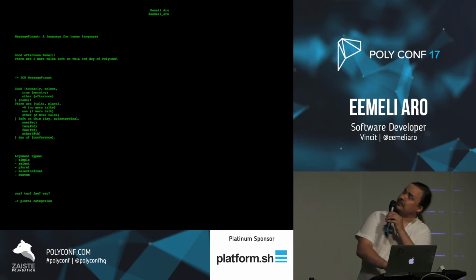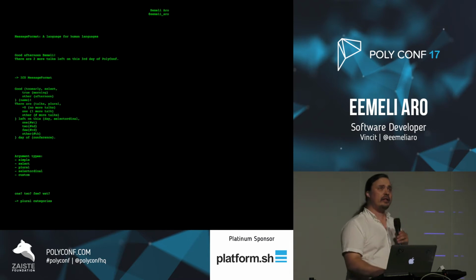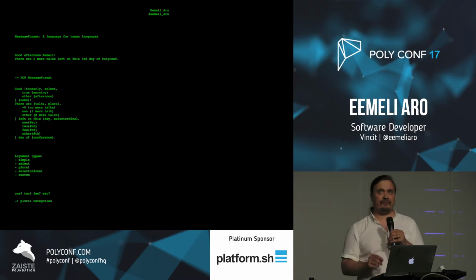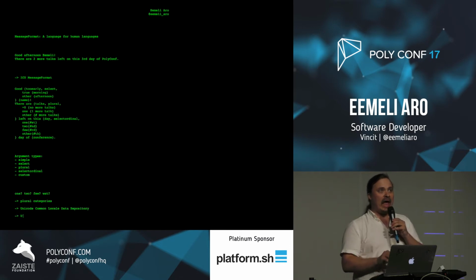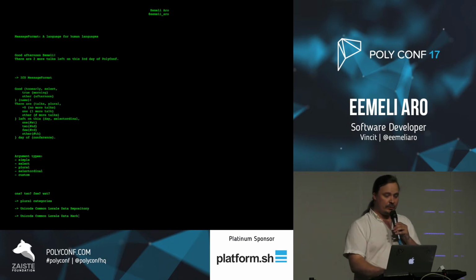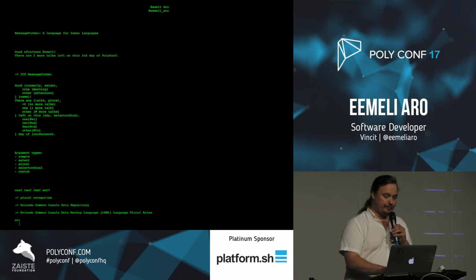Sorry, it's a bit smaller than I expected. But yeah. And those are different for all the different sorts of languages we have in this world. And those we can get from the Unicode Common Locale Data Repository, which now we get to the other scripting language you've never heard of, which is the Unicode Common Locale Data Markup Language, of which we're using the language plural rules.